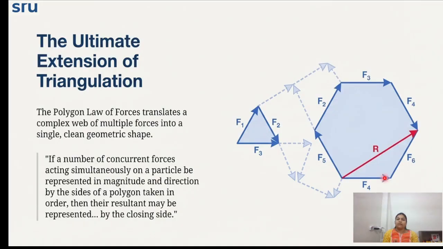So the statement of the polygon law of force is: if a number of forces acting on a particle can be represented in magnitude and direction by the sides of a polygon taken in order, then the resultant is represented by the closing side of the polygon taken in opposite order.